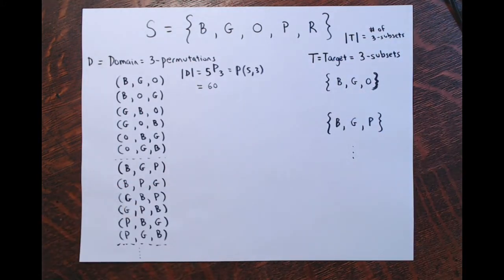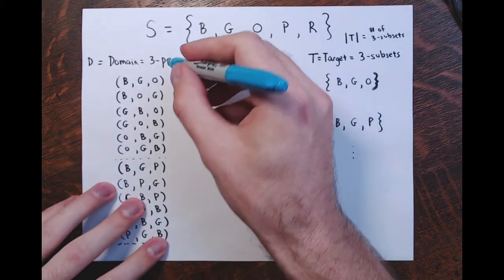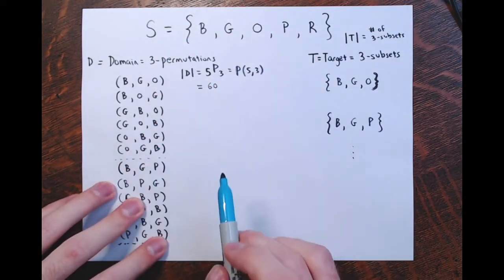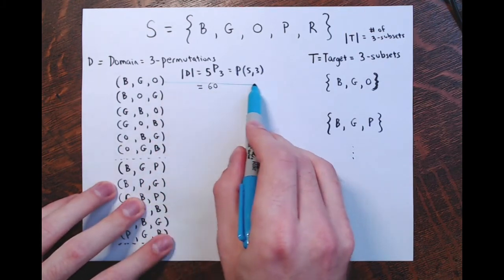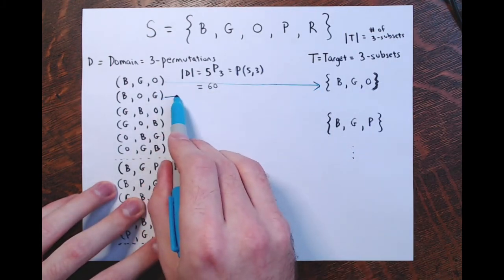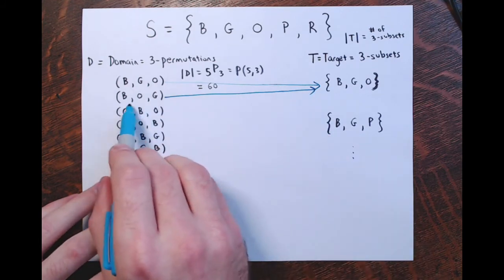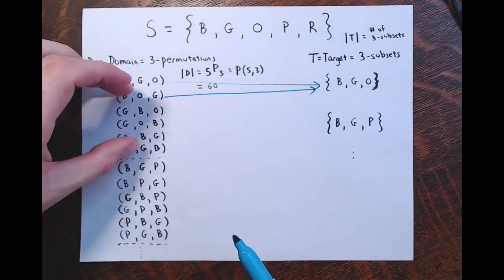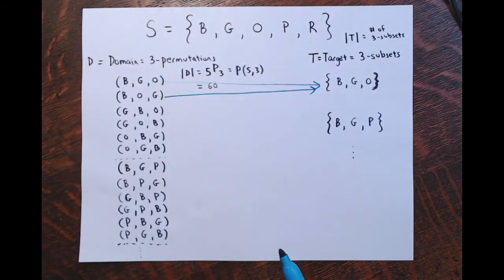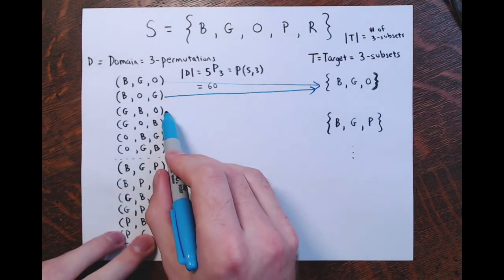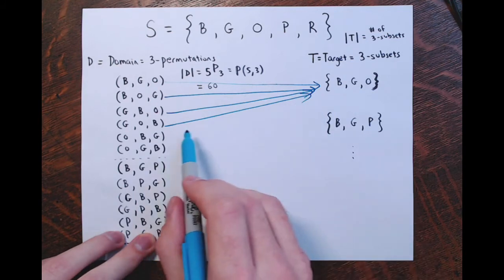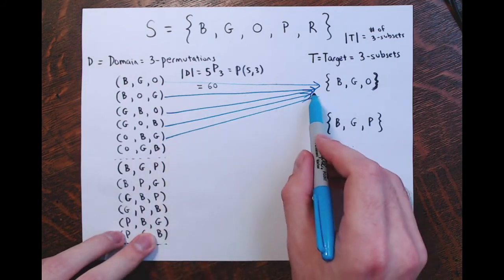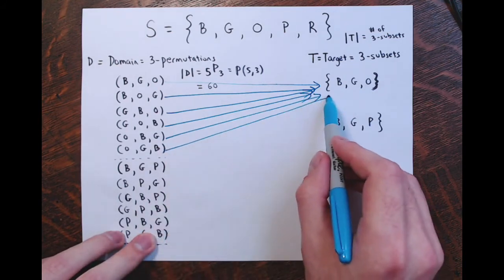So I'm going to set up a function, but this time it's a 6-to-1 function, instead of a 2-to-1. See how BGO would map to BGO, this BOG would map to BGO. If a permutation has certain objects, it's going to map to the subset with those same objects. GBO would map to BGO, GOB would map to BGO, OBG would map to BGO, and OGB would map to BGO.